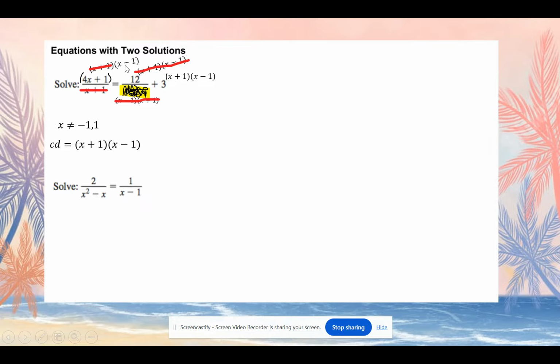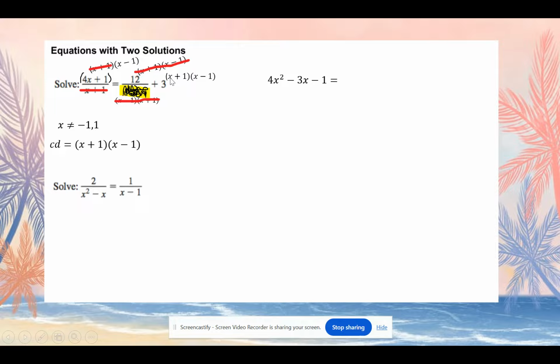Now this is a little tricky because you're doing 4x plus 1 times x minus 1. You're going to have to FOIL. So we've FOILed a lot this year. I'm going to go ahead and just say what you get when you FOIL. This would be your left side. You're going to also have to FOIL on the right side.